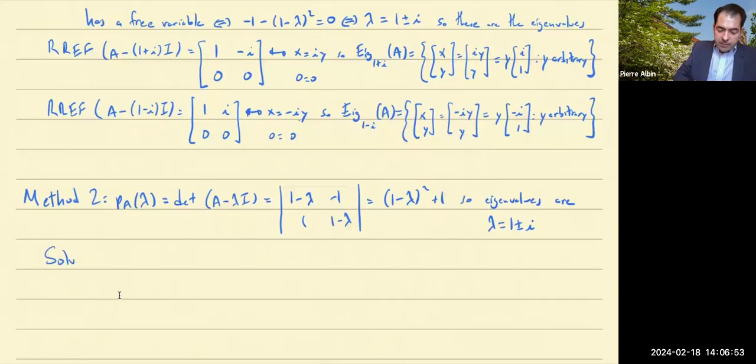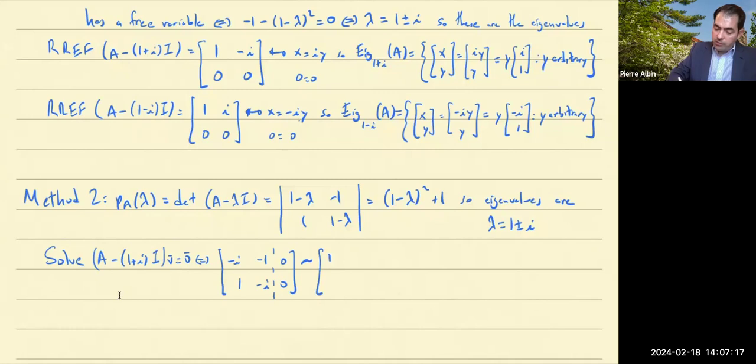Next, we solve (A minus (1 plus i) times the identity) v equal to 0. So this we solve by writing down this matrix. So minus i, 1, minus i, you augment it, 0, 0. And then you do row operations.